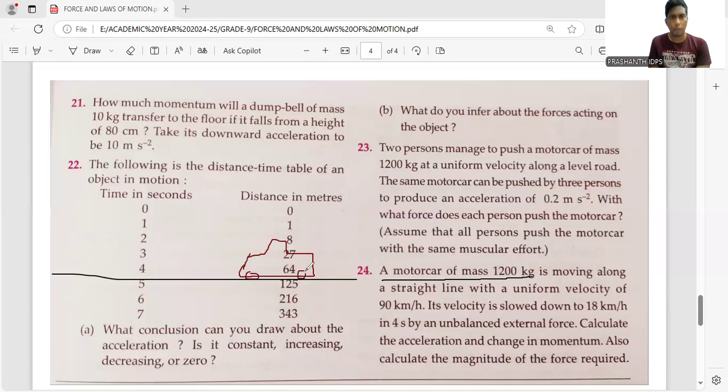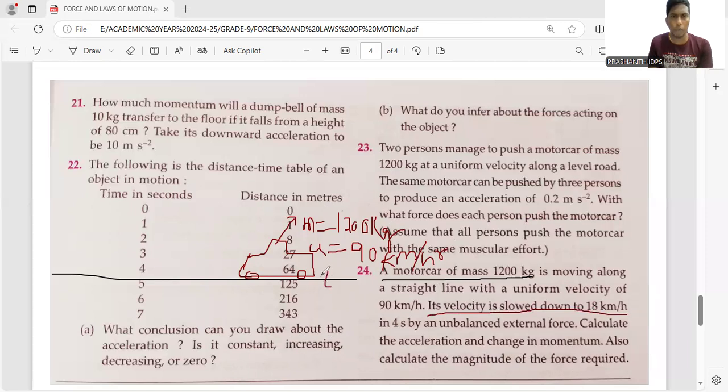And what is the mass of the motor car? Given mass of the motor car is 1200 kilogram. That's a given value. And it moves on a straight line with uniform velocity 90 kilometer per hour. So it means initially it is going with a velocity of 90 kilometer per hour. Its velocity slowed down to 18 kilometer per hour in 4 seconds.